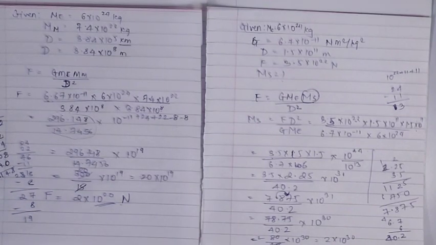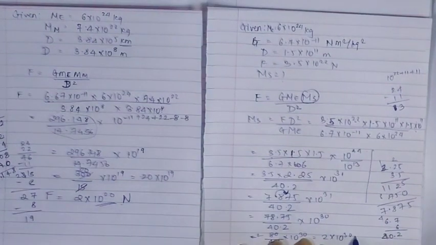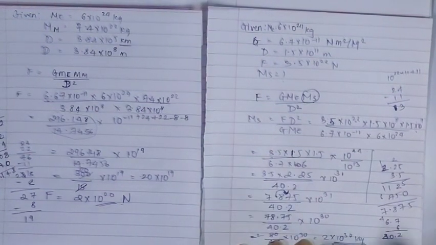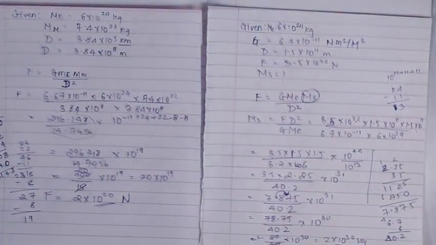Even though your answer in the textbook is 1.96 into 10 raised to 30, this value is also okay. They won't cut much marks for this value, okay? So your 2 into 10 raised to 30, and mass is in kg. So this is your answer to the last sum that is given in your textbook.